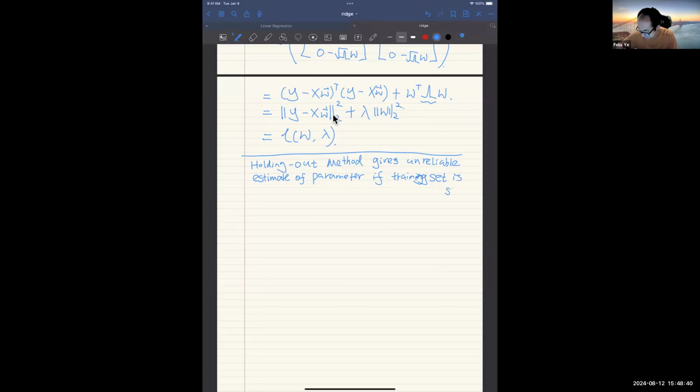In this case, it's less than 100. It actually depends on which 20% you choose for the validation set, and it could make a huge difference here.